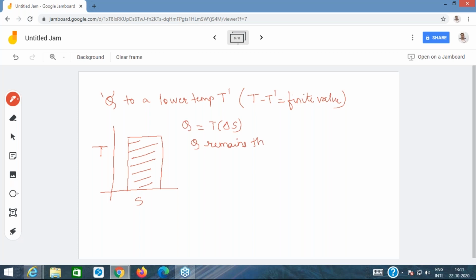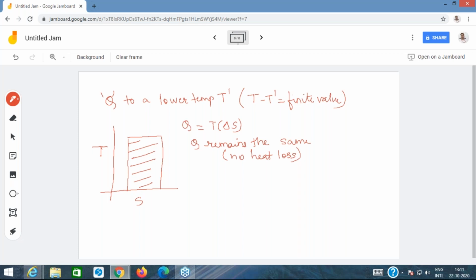But now this heat Q is available at a lower temperature.